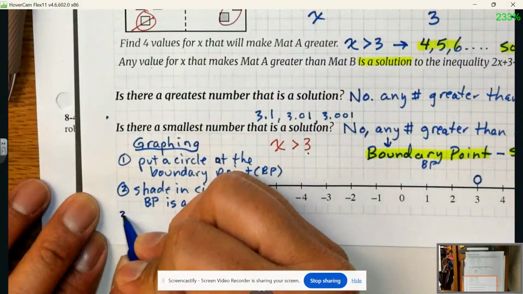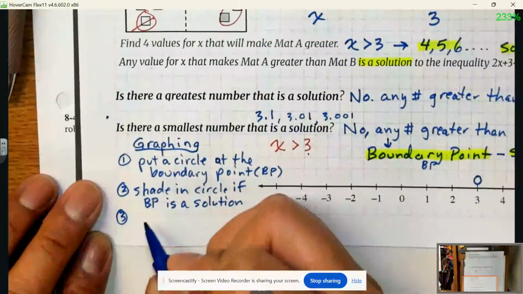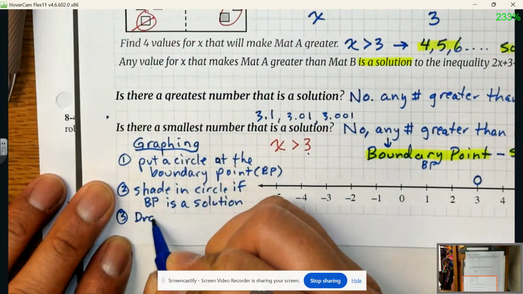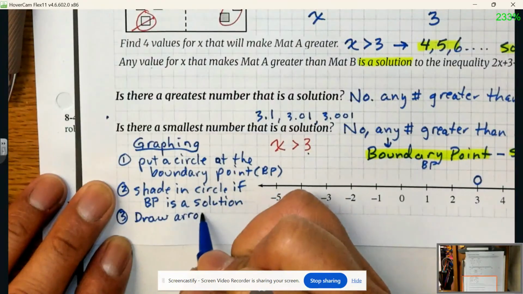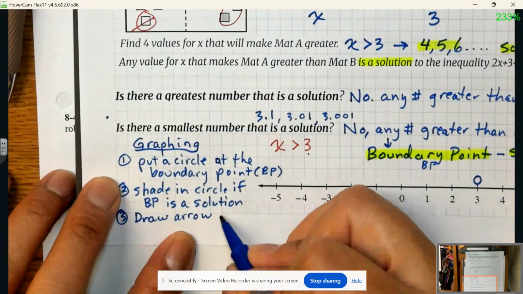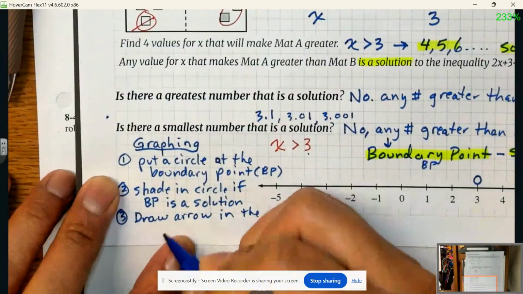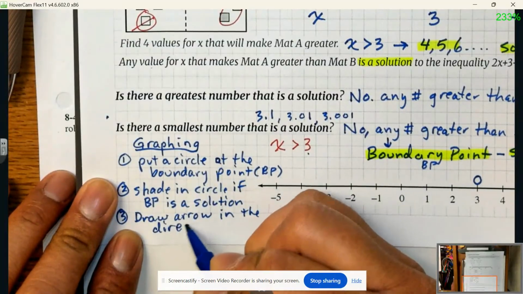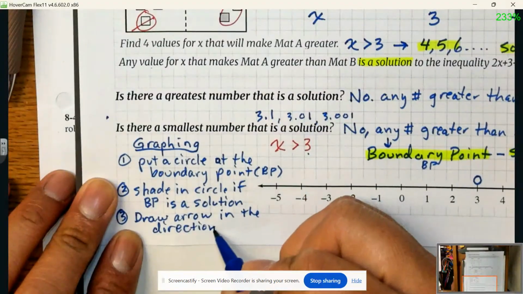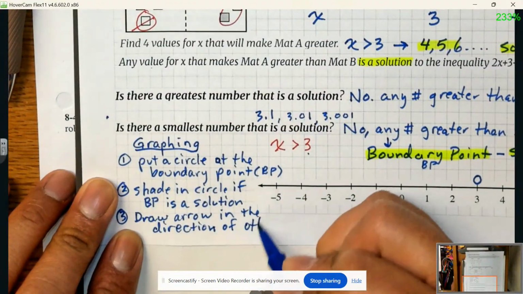And then step 3, we're going to draw an arrow from the circle in the direction of other solutions.